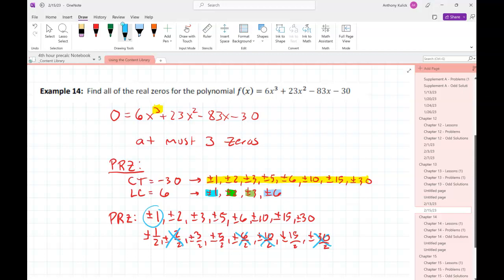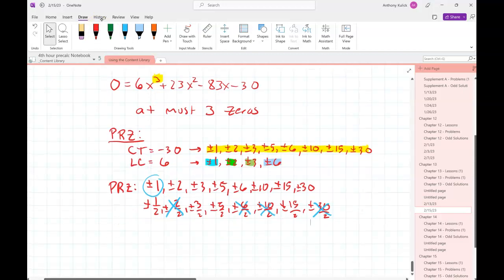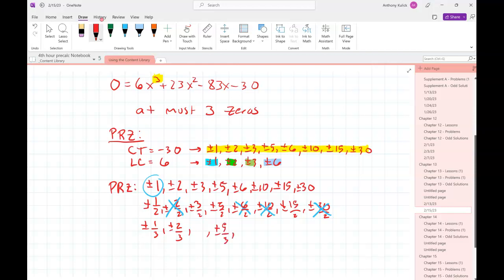Great. From here on out, let's not write the duplicates if we can help it. So when I write the 1s over 3, I'm just going to write the stuff that isn't a duplicate. So I'm going to skip 3 over 3. I'll put a space there so you can see that I skipped it. I'm going to skip 6 over 3, and skip 15 over 3, and skip 30 over 3.